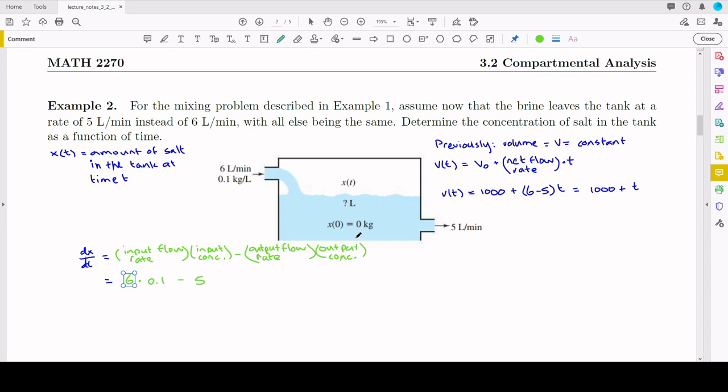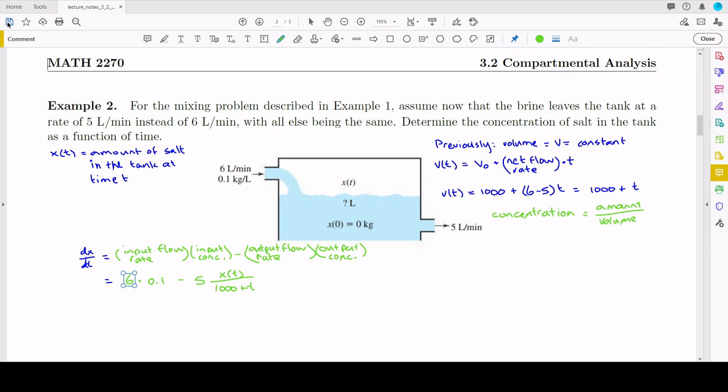And we know that, remember from the previous example, concentration is the amount over volume. And so for the output concentration, the amount is x of t, and the volume we just established is 1000 plus t.